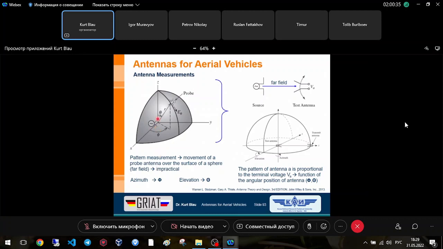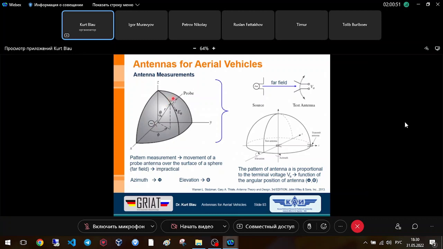Now, let's start with the following pattern measurement idea. We have here our antenna, let's say localized at the origin. And now we have here our probe antenna for the measurement purposes.